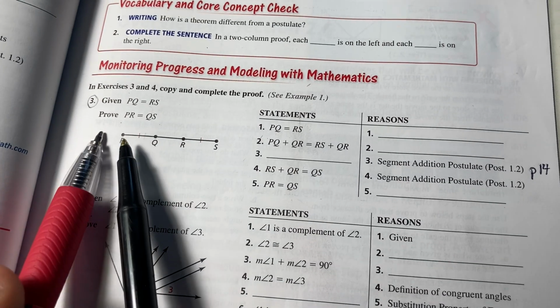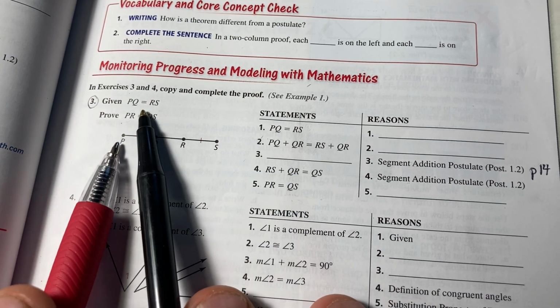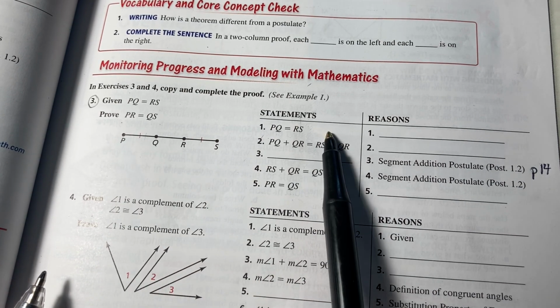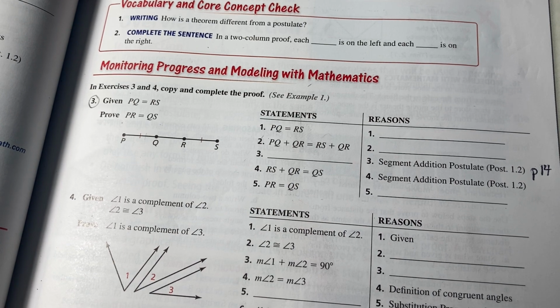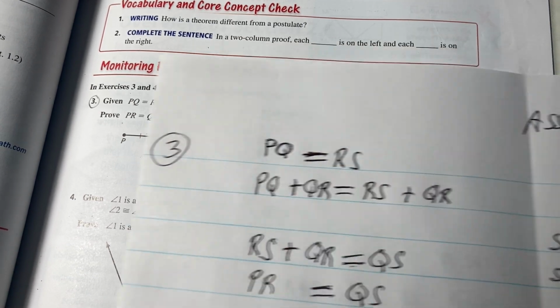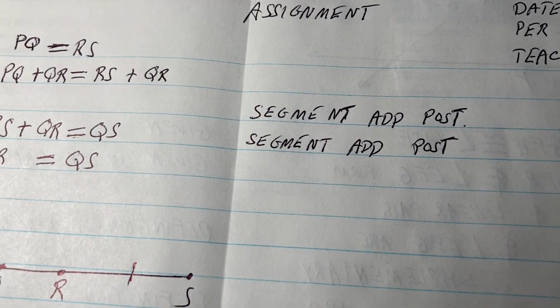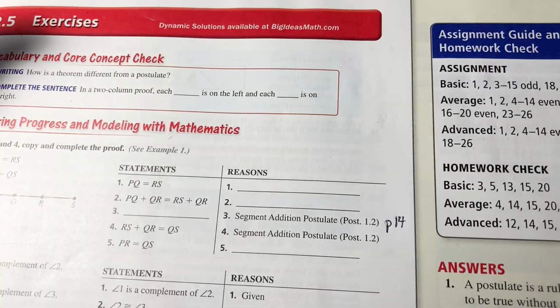Okay. Question number 3. Copy and complete the proof. So given we have this stuff, we're going to have to copy this diagram and copy the two-column proof. I did this ahead of time so I can actually have it written down so it wouldn't take as long. Actually, I'm going to do this on a flat sheet so it makes more sense.